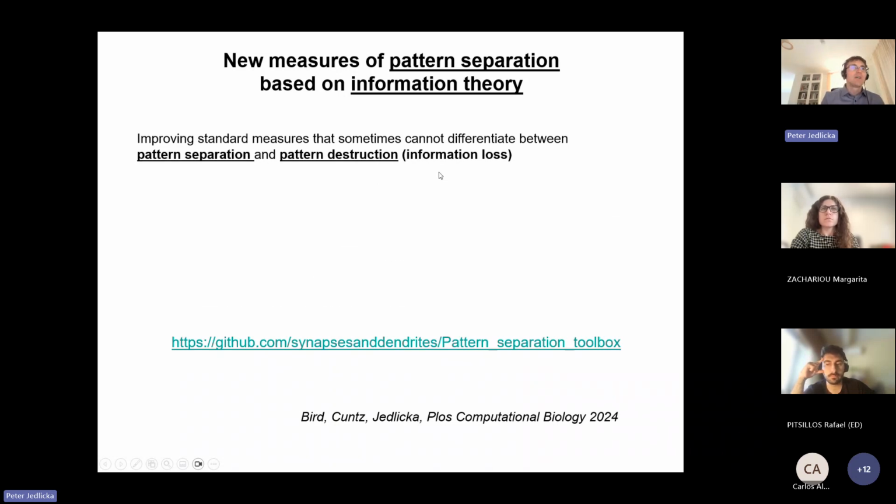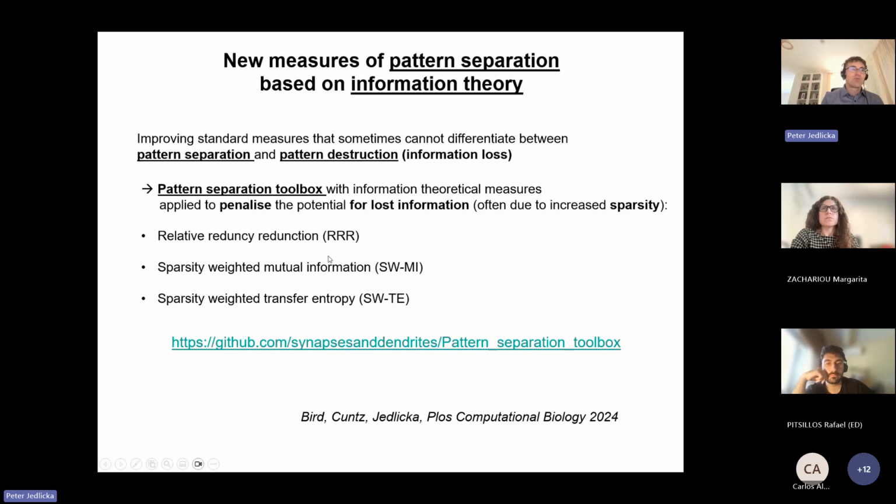So Alex came up with these different measures of pattern separation based on information theory. And again, we cannot go into details here, and only Alex could explain to you all the technicalities. But the main idea is that you basically penalize the loss of information. So if you increase the sparsity, you delete spikes, that's good. You make the patterns more dissimilar, the input-output patterns.